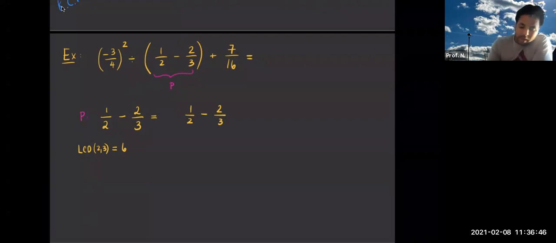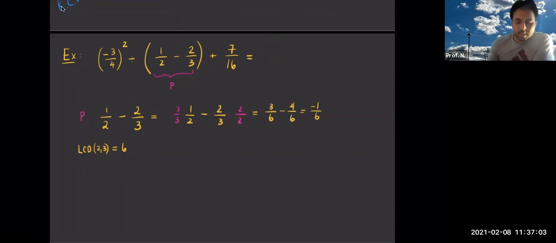I must multiply 1/2 by 3 over 3, right? And then multiply this by 2 over 2, right? And I'm left with 3 over 6 minus 4 over 6, which is negative 1 over 6. So the inside parentheses expression here is negative 1 over 6.